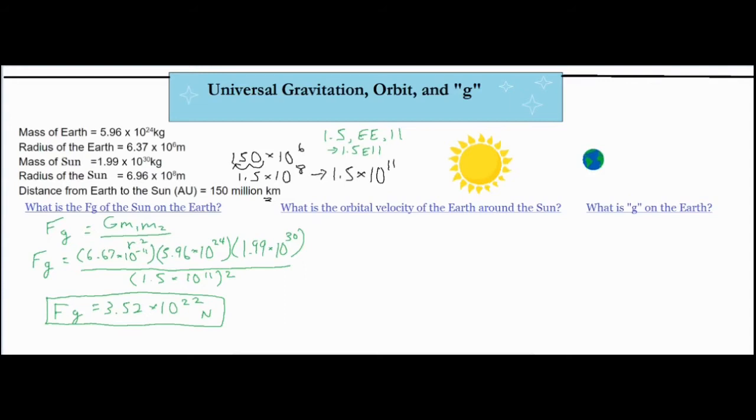Going to our second question, what is the orbital velocity of the Earth around the sun? So if you're doing an orbit problem, typically you are identifying the force of gravity between two objects as the centripetal force.